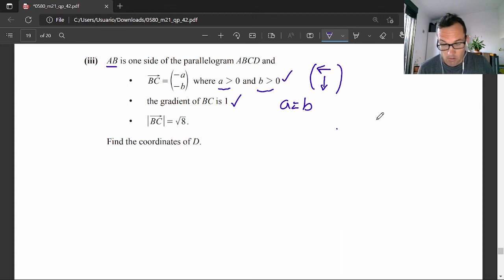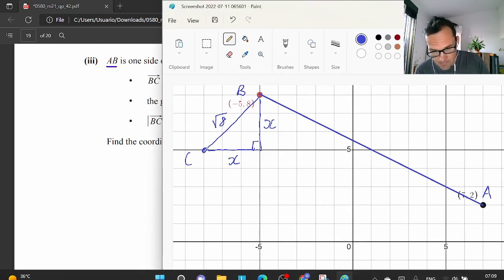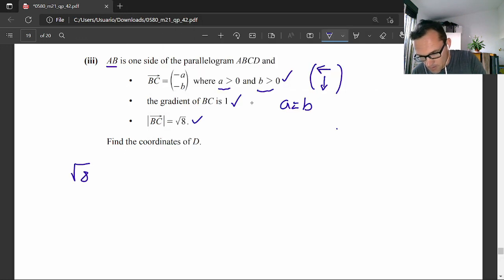So now we can start writing some things down, now that we've processed each piece of information very carefully. Using Pythagoras, square root 8 squared equals x squared plus x squared.